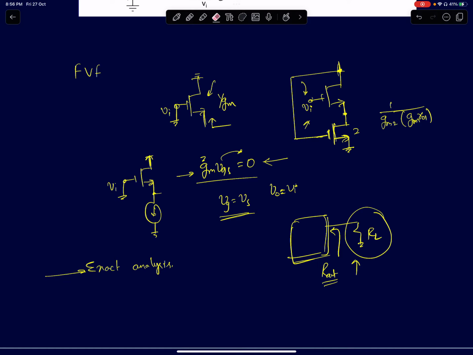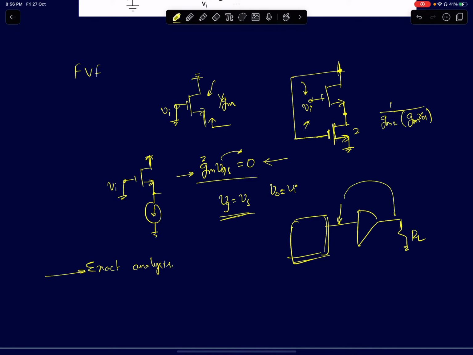To resolve this problem, we introduce what we call a buffer or a voltage follower in between. It transfers the same voltage at this point to the output as well, but at a much lower output impedance. The output impedance of a source follower will be very low. Here, the lower the output impedance, the better it approximates the behavior of a good voltage follower or voltage buffer.